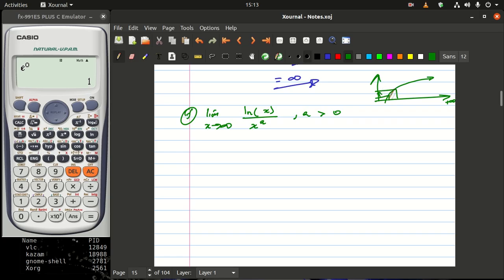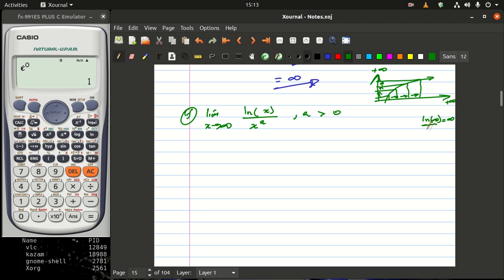As I keep picking values, I keep getting to larger values. So as x gets to positive infinity, y is also getting to positive infinity. In other words, natural log of infinity is just equal to positive infinity.